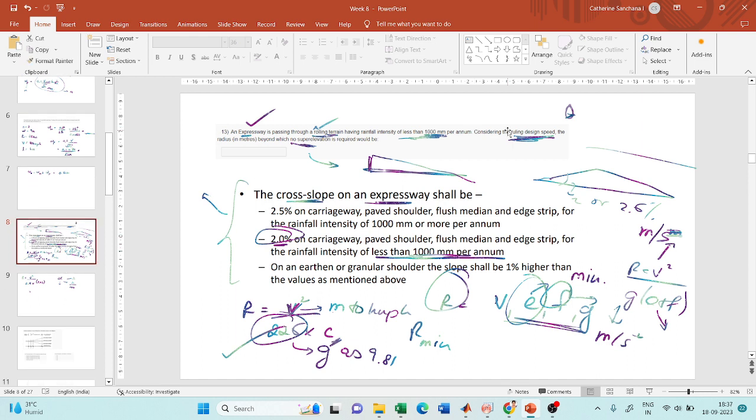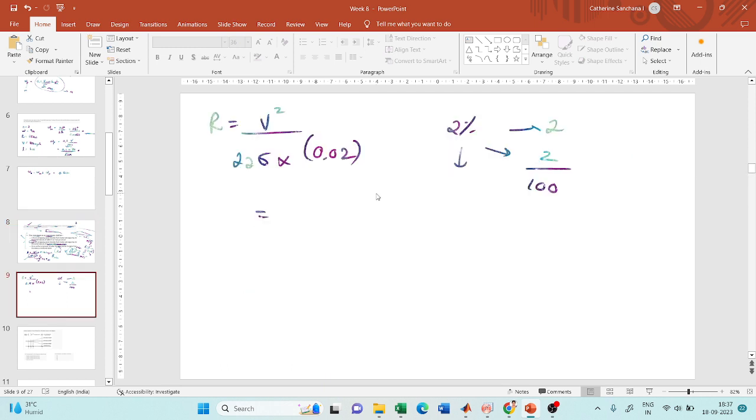I have not shown the table here, but we have already seen what the speed of vehicles should be for an expressway in a rolling terrain. Its speed is close to 100 kilometers per hour. So V is 100 kmph.